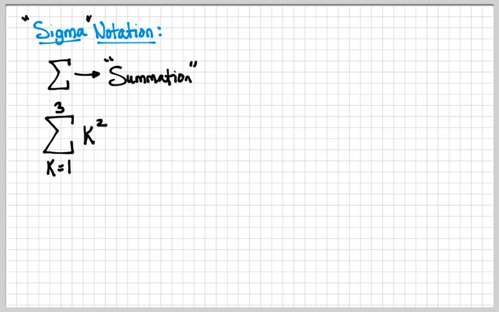We're going to break apart each component of this. So if we look at this number down here, this is called our lower limit, or we can think of this as our first term. This top number, 3, this is our upper limit.